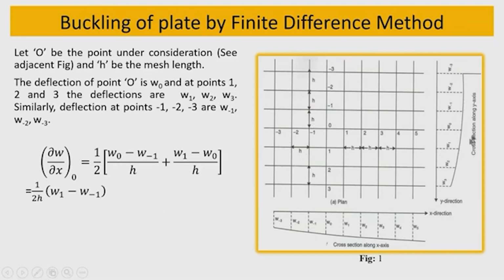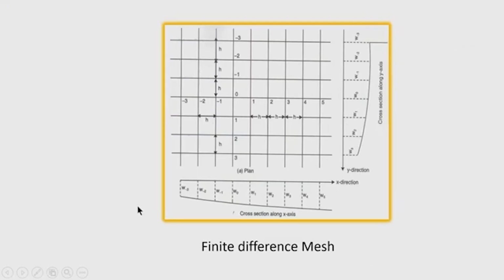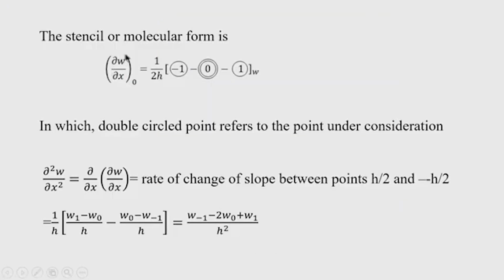The y direction deflection curve is shown here. Now, let us come to the second derivative. So, this slope can be represented in molecular form, which is easy to remember and convenient for use in actually solving the problem. This form is very much suitable.